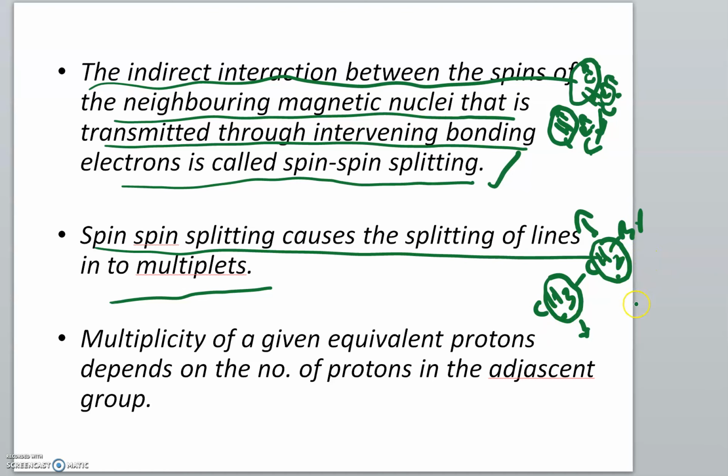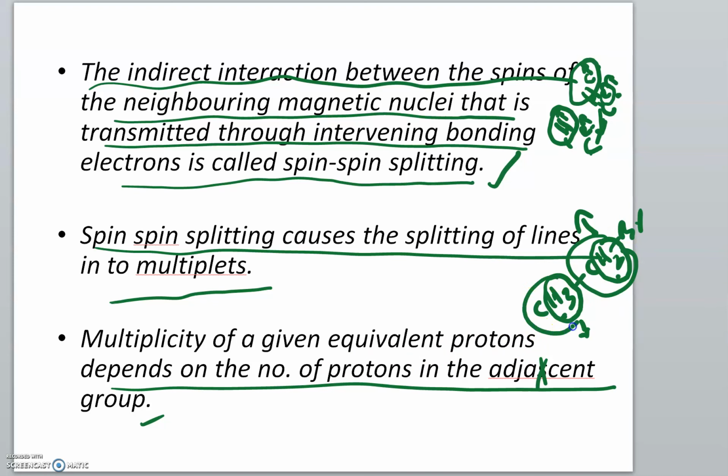The multiplicity of a given equivalent proton depends on the number of protons in the adjacent group. That is, the multiplicity of this CH2 group depends on the neighboring CH3 group, and the multiplicity of this CH3 group depends on the neighboring CH2 group.